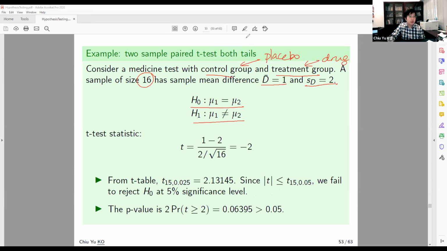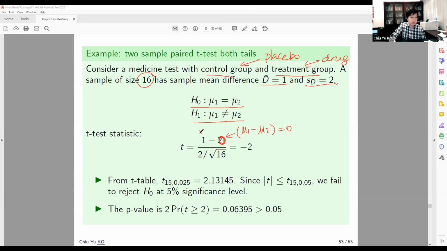I guess there's a typo here. Because I put it 0, this would be 0. Sorry for the typo. This would be mu1 minus mu2, so this is 0.